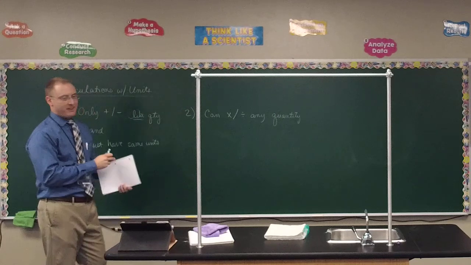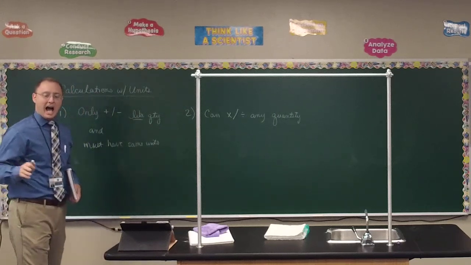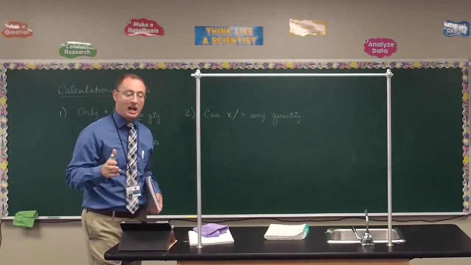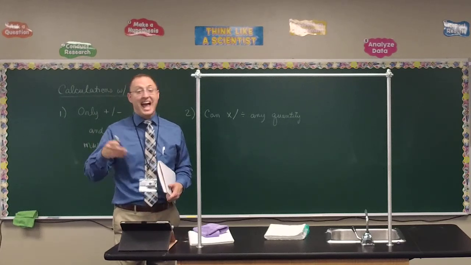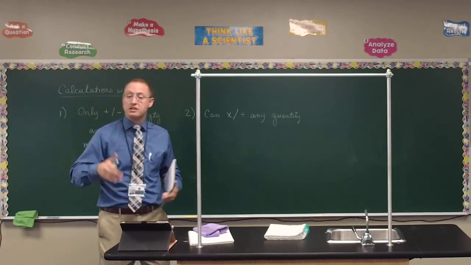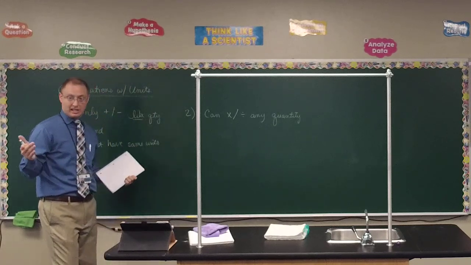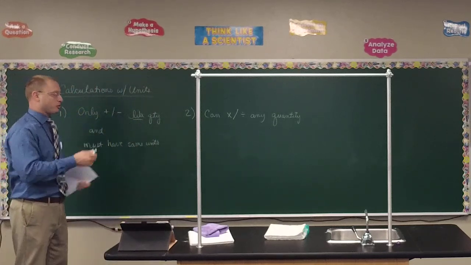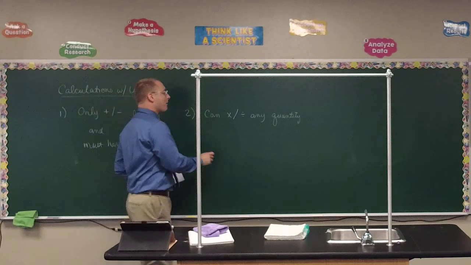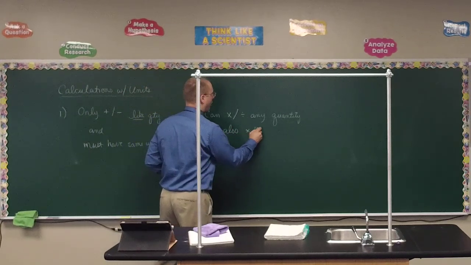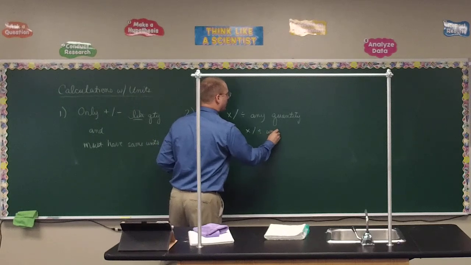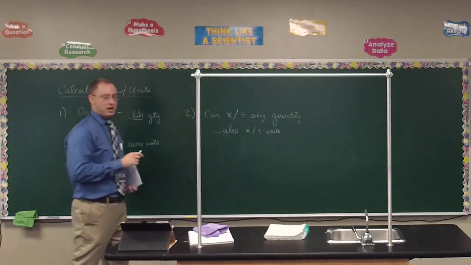I could take Kendall's mass and multiply it by her height. I couldn't add it to her height, but I could multiply it by her. I could divide it by her. I could do all kinds of things like that. So you can multiply or divide any quantity, but you must also multiply or divide the units as well.